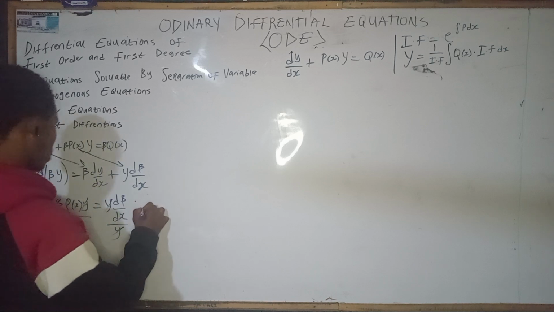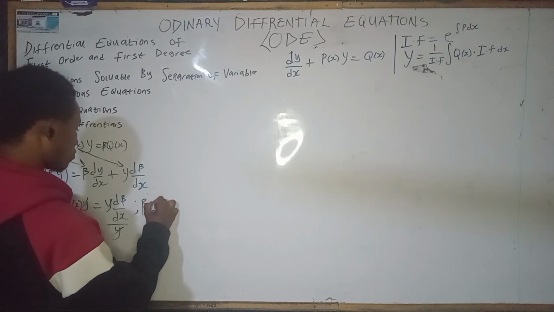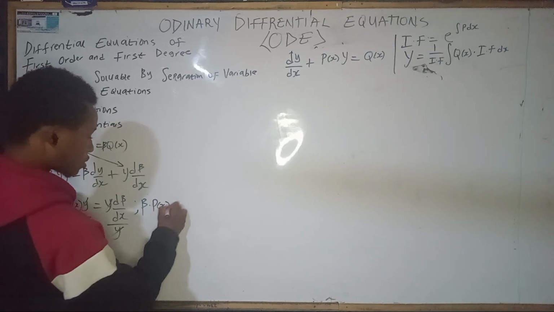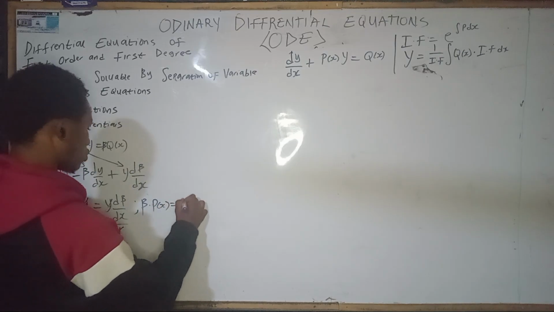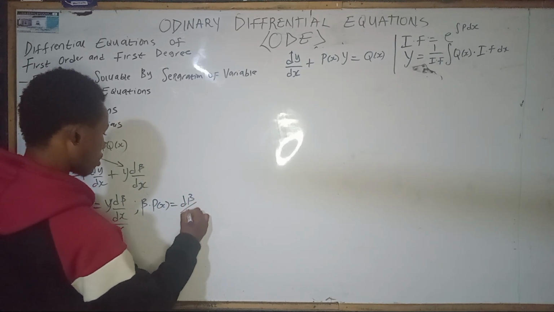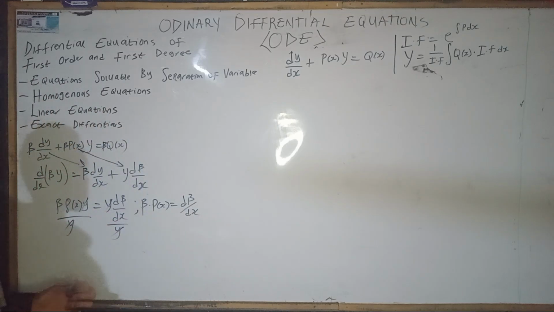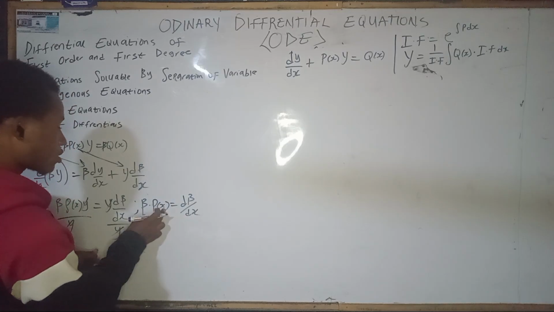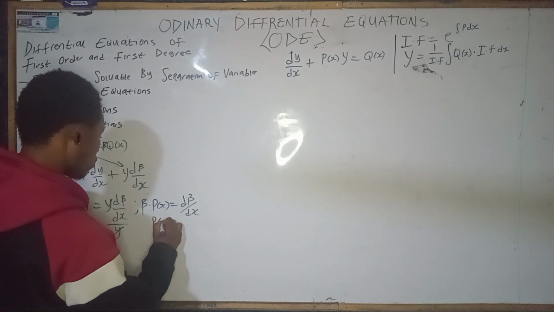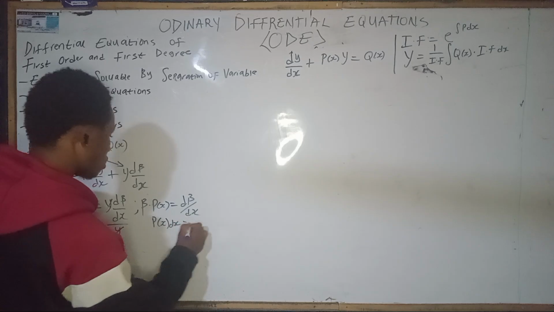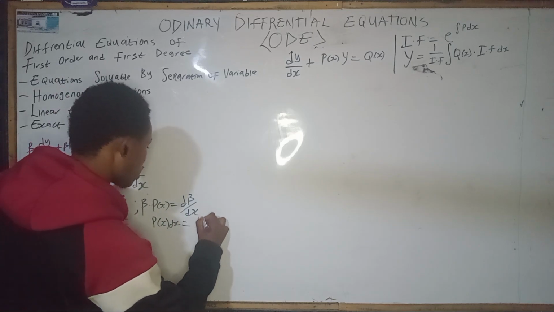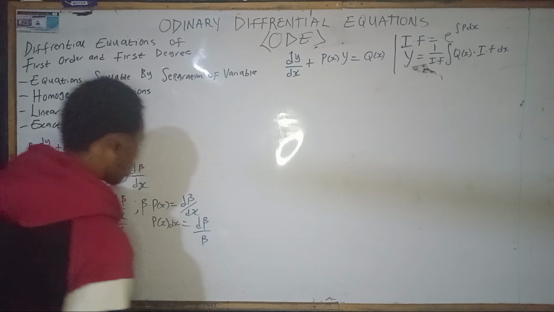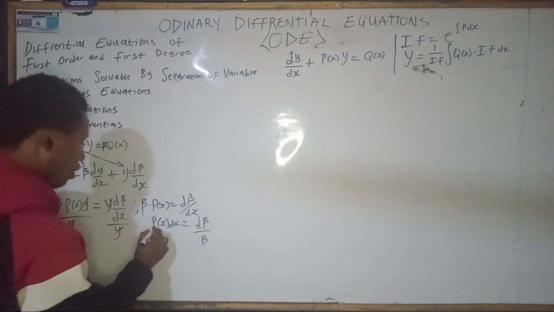What we are left with is beta times p of x equal to d beta by dx. We can use separation of variables here. Our dx comes here, so we have p of x dx equal to the differential of beta over beta right here.